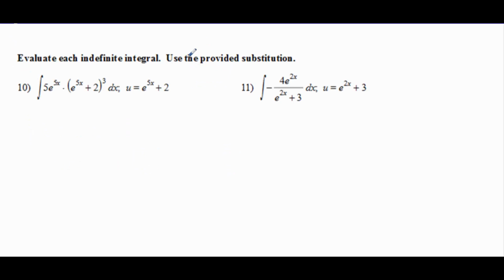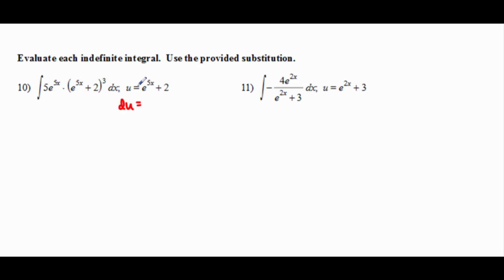All right, now we're going to do some more u substitution, but they're a little trickier. There's a little bit more complicated stuff going on, and so u is actually provided for us on this. So if we know that u is e to the 5x plus 2, then we're going to find the derivative.